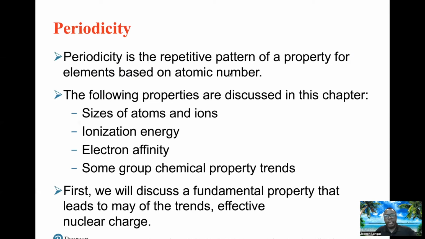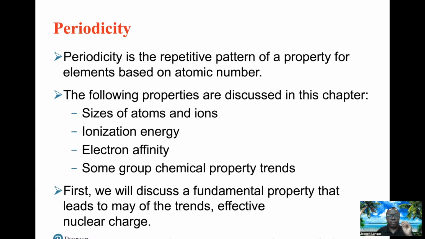That means there is a recurring pattern. Remember, a property is a characteristic feature used to describe. So when we talk about periodicity, that means after a certain period, you see again a recurring pattern.